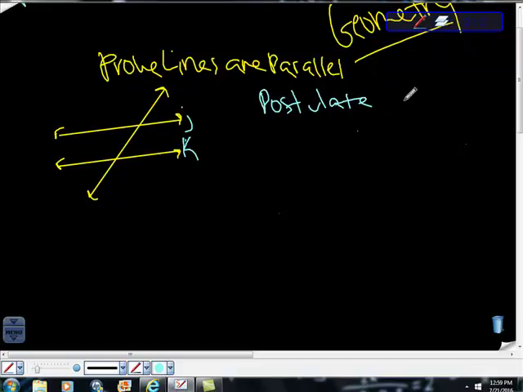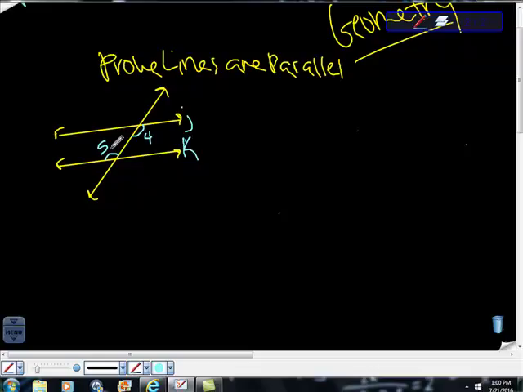Okay, next is a theorem, and it is the alternate interior angles converse. It says that if 2 lines are cut by a transversal, so the alternate interior angles are congruent, then the lines are parallel. So we'll call this angle right here angle 4, and we'll call this angle right here angle 5.